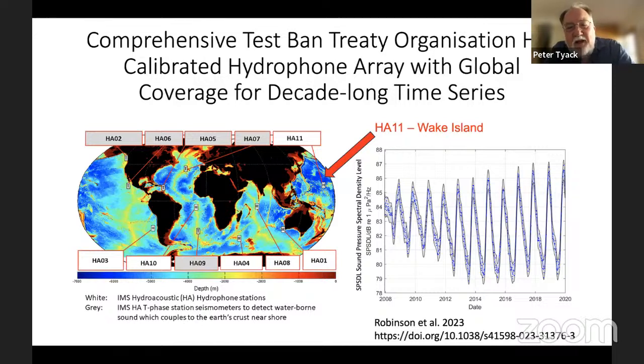And data from Wake Island, which is on the right of the world map, HA11, is presented on the right side of this figure, and it shows an increasing annual fluctuation in the intensity of sound pressure measurements in a low frequency band over the period from 2008 to 2020. So something interesting is going on at this site that's leading to significant annual changes in the sound pressure. But just by looking at this, we can't know what the causes of it are.